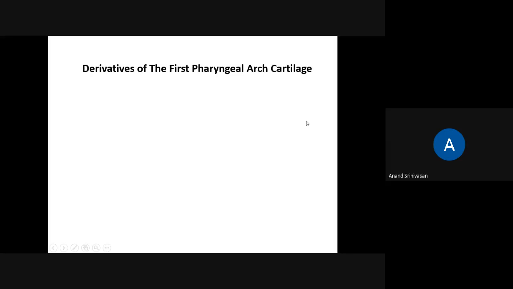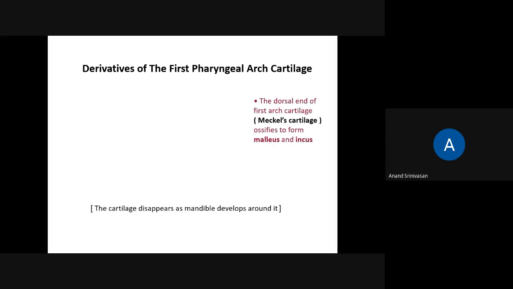The main thing here is you need to know the derivatives from each of these structures. There are five pharyngeal arches. So what are the structures developed from each pharyngeal arch?